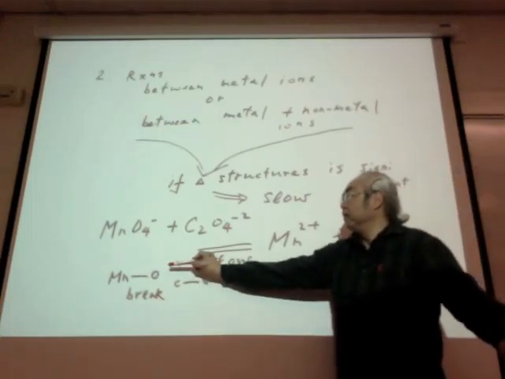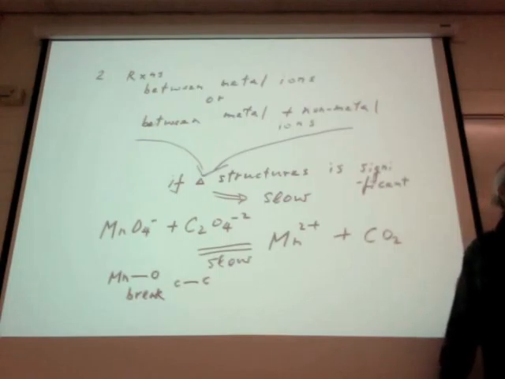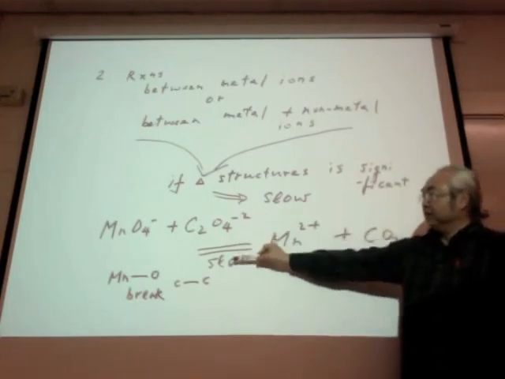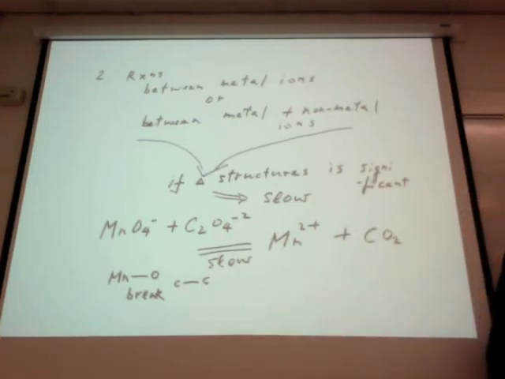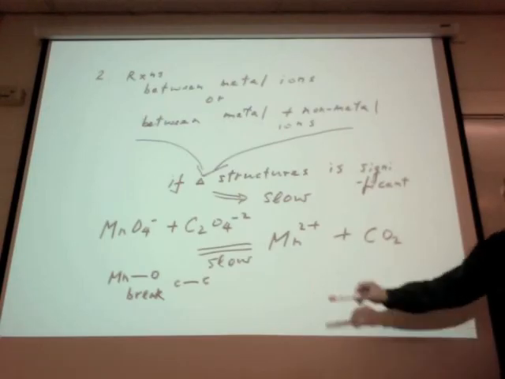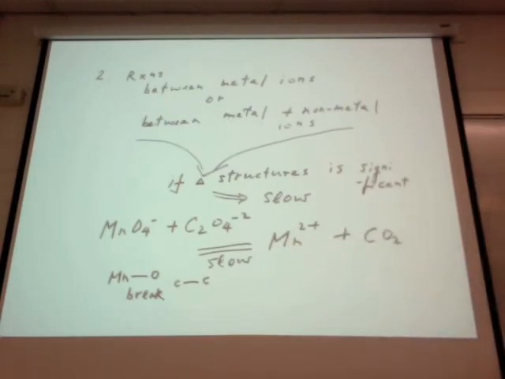So the 2 together combined will have a high energy requirement. We are only considering the energy requirement here without considering the orientation, but that alone will give you sufficient prediction that this is slow.